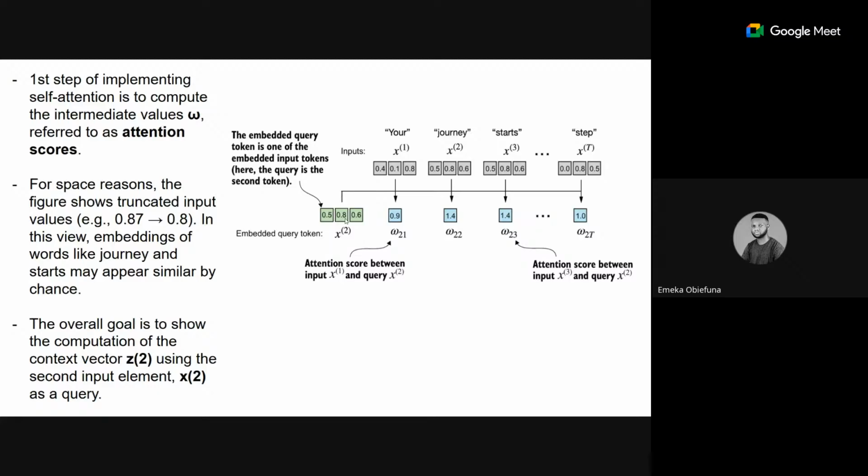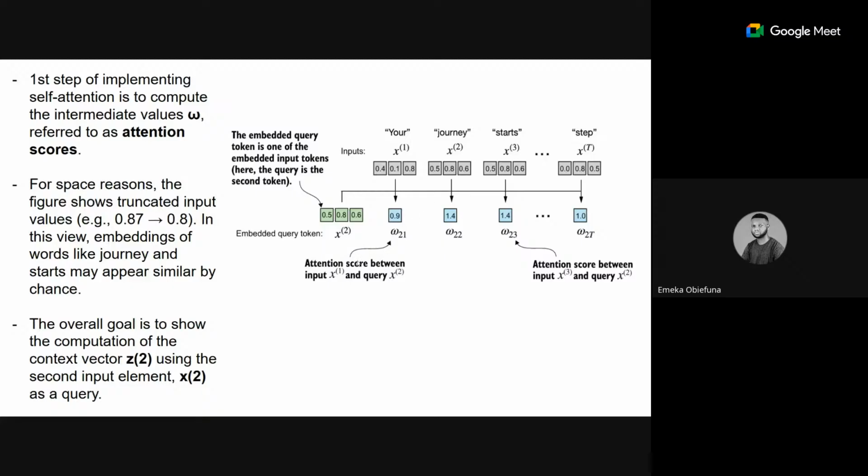Given that the first step is for us to compute the attention between each and every individual token that you have here with respect to this X2, which is an embedded query token, the step for us to proceed is to compute this attention score. Once we've computed this attention score, we can then deduce or get the context vector of the second input token that we have here.